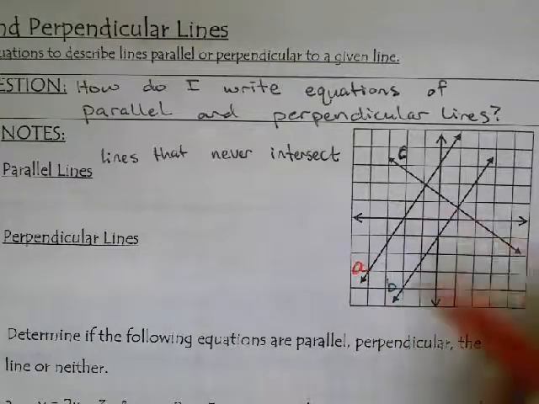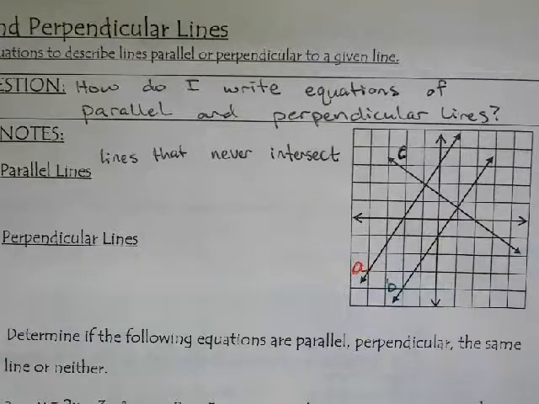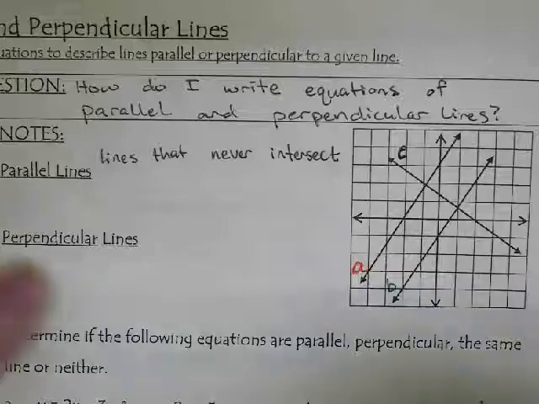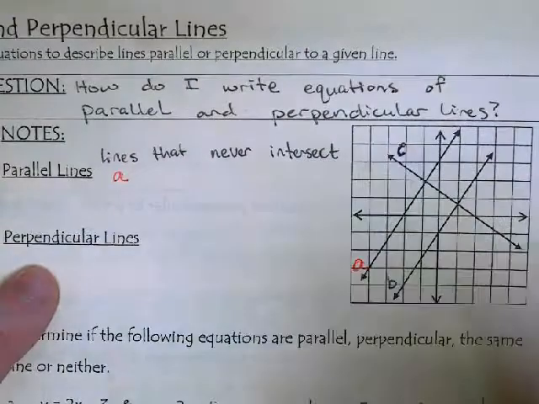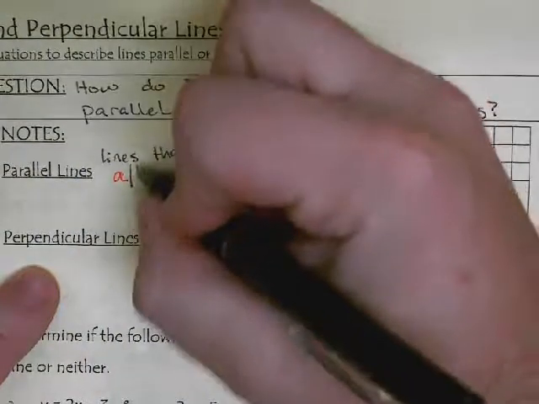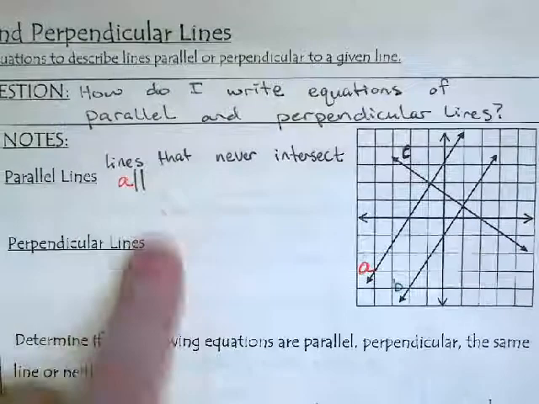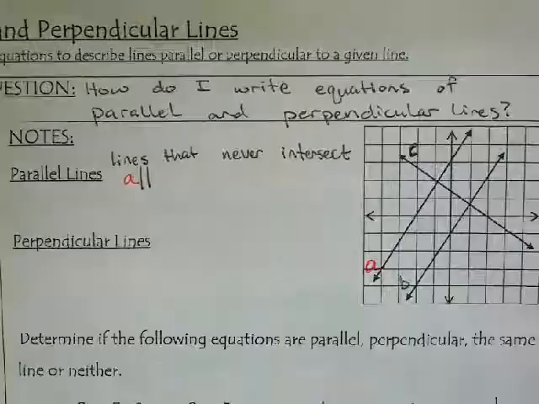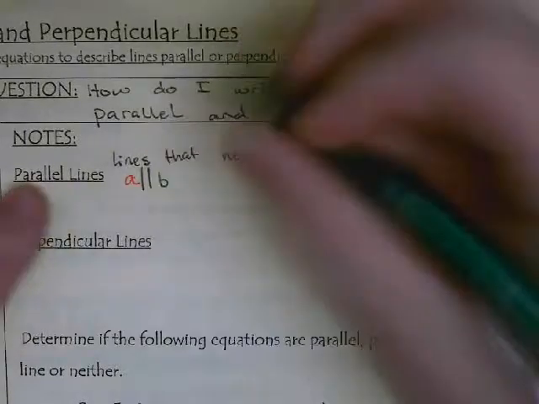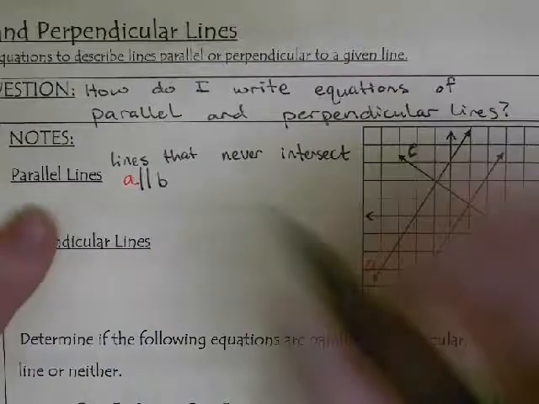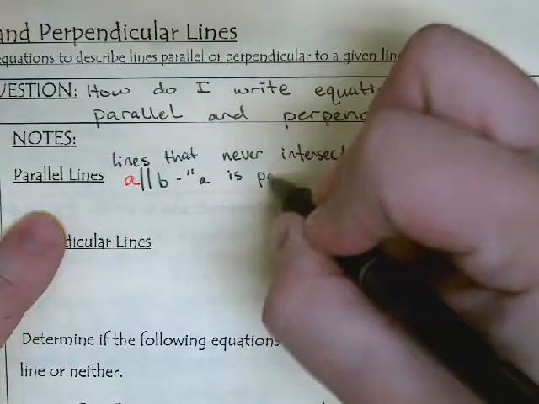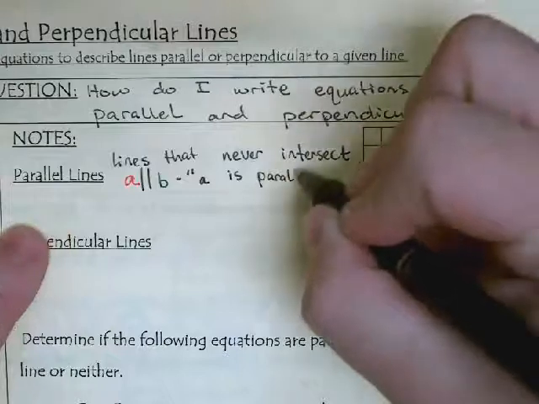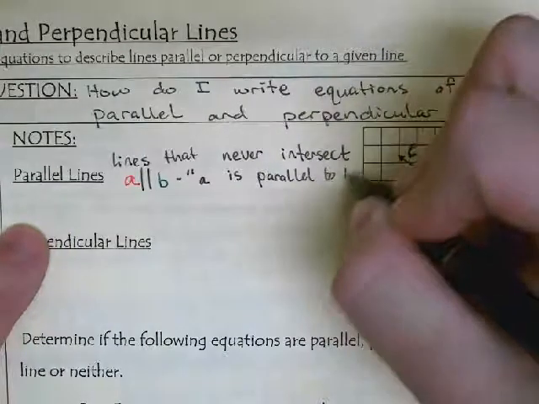They never intersect. And one way we could write that is A is parallel to, that's what this symbol is going to mean, B. So we read this as A is parallel to B.